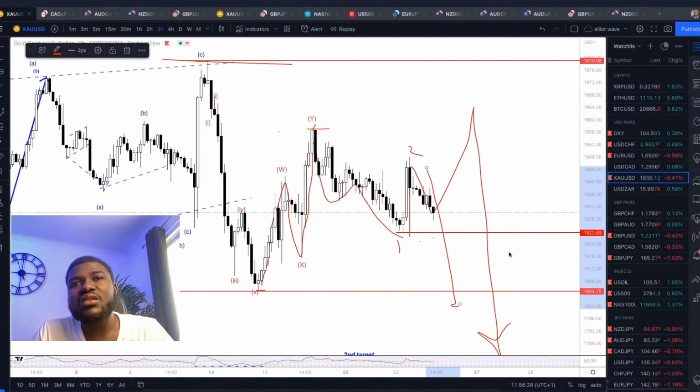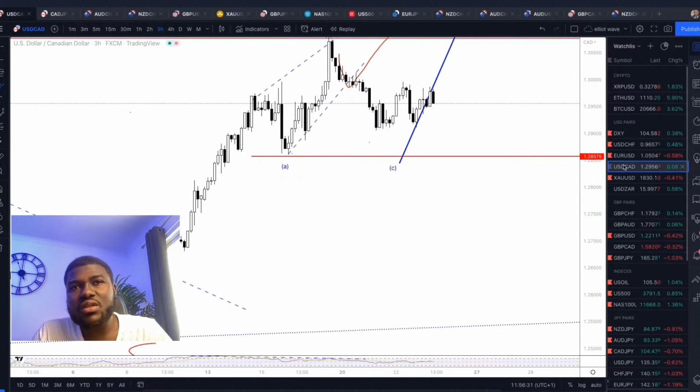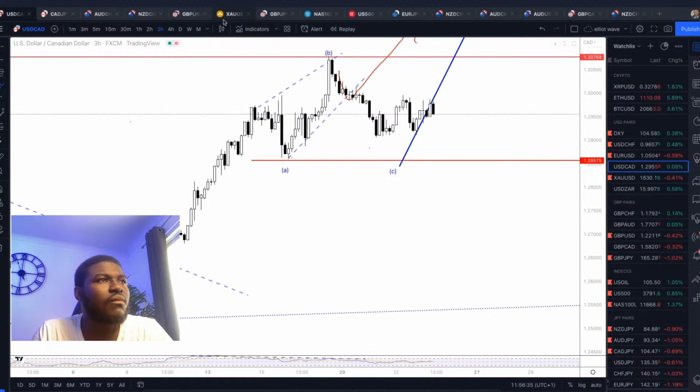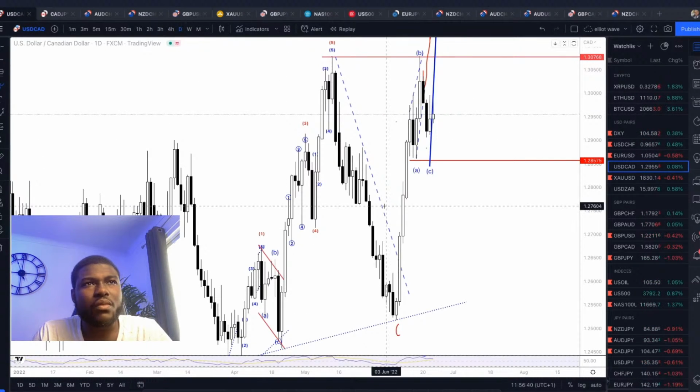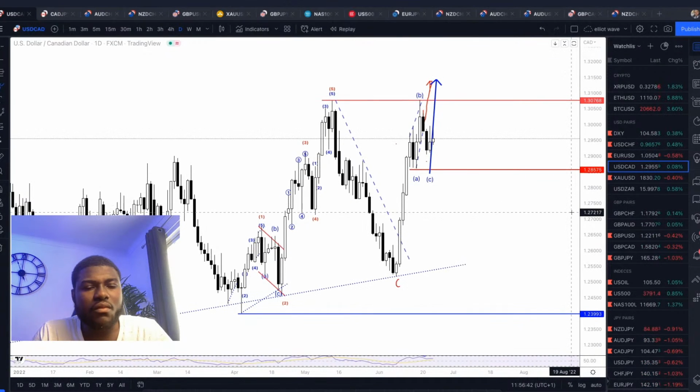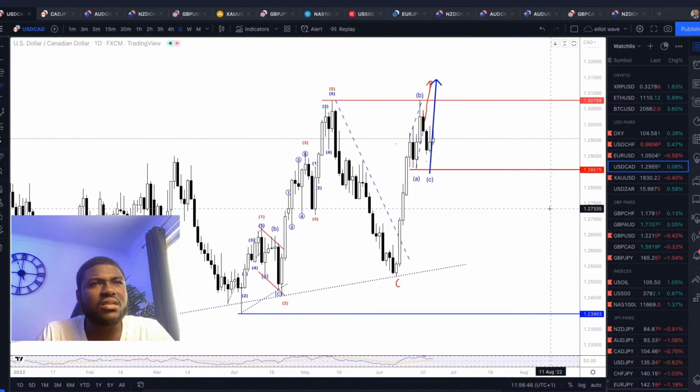Someone requested analysis for USD CAD. That's why USD CAD actually is not on my watch list, but let's see what's happening there. Guys, this is the USD CAD analysis from the daily time frame.